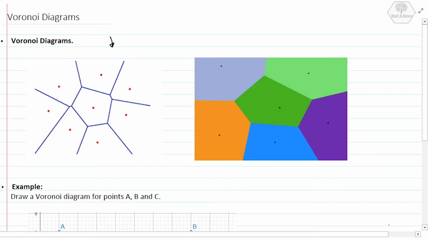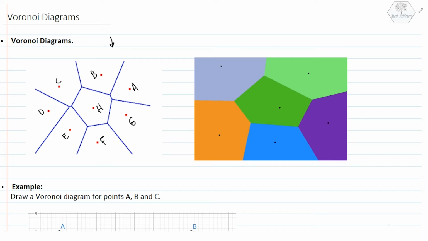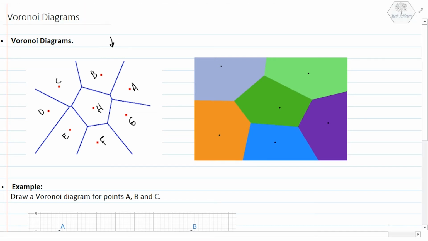I have different sites. Let's say this is site A, this is site B, this is site C, this is D, E, F, G, and H. The Voronoi diagram says that any point inside this area is closer to H than any other site.